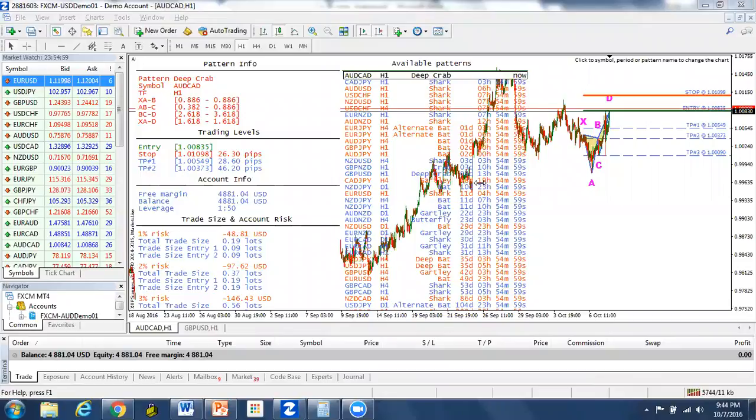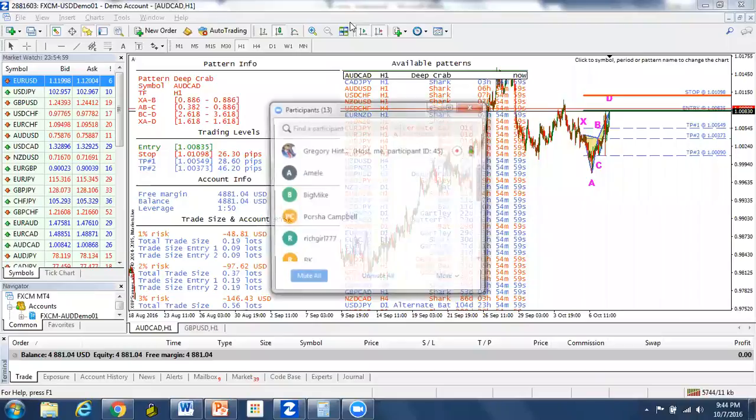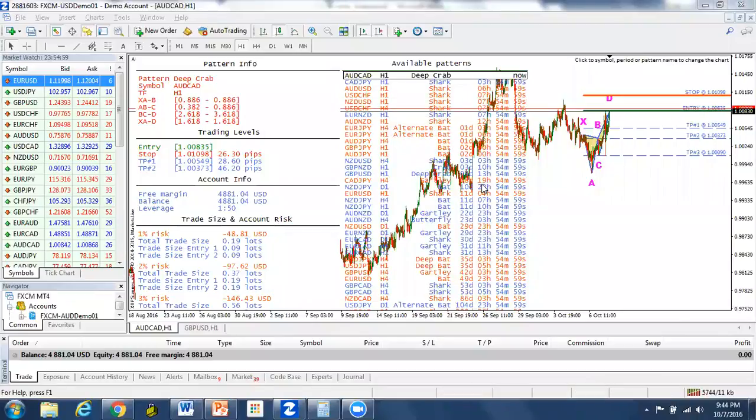It took me a while to even understand it, really. Does anybody want to unmute? Is anybody listening? All right, I'm going to move on.